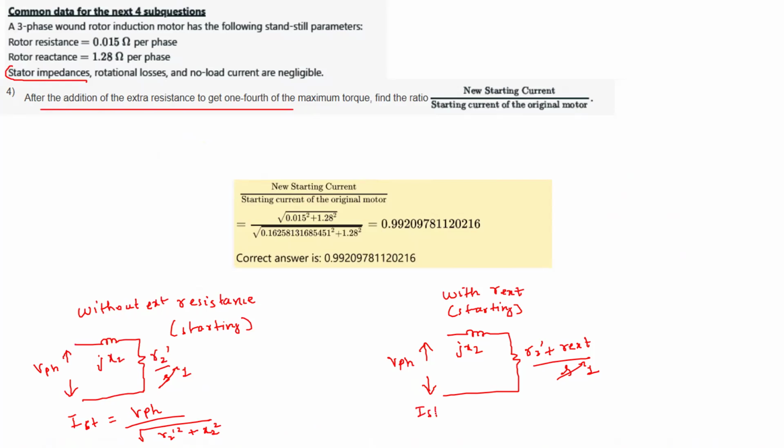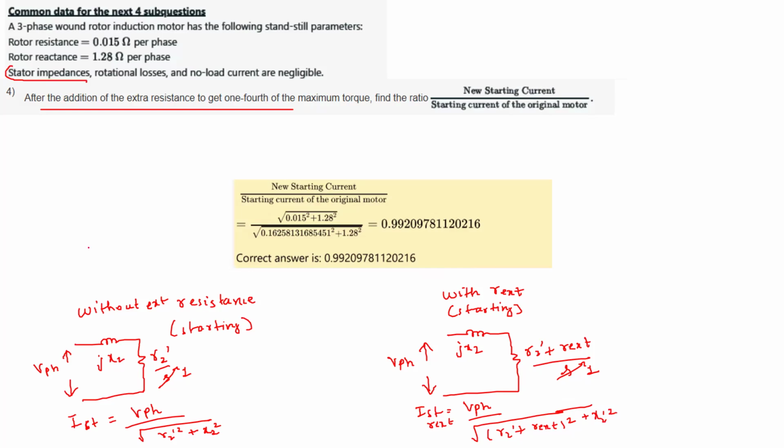And I starting here is V phase by, so I'm writing I starting, R external by root over of R2 dash plus R external whole square plus X2 dash square.